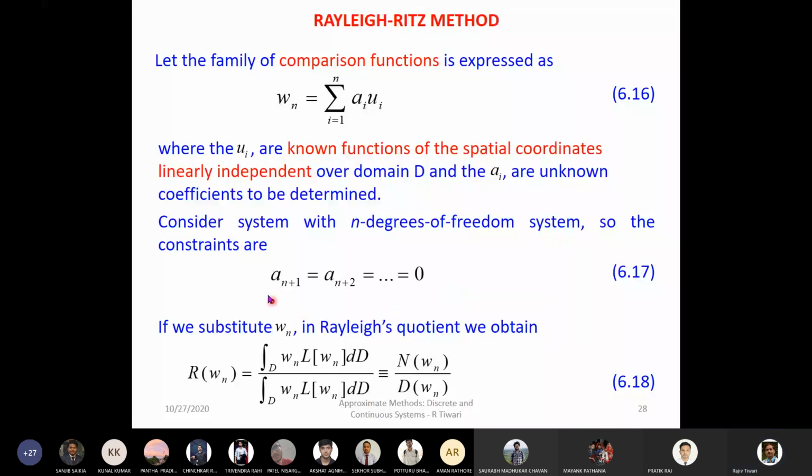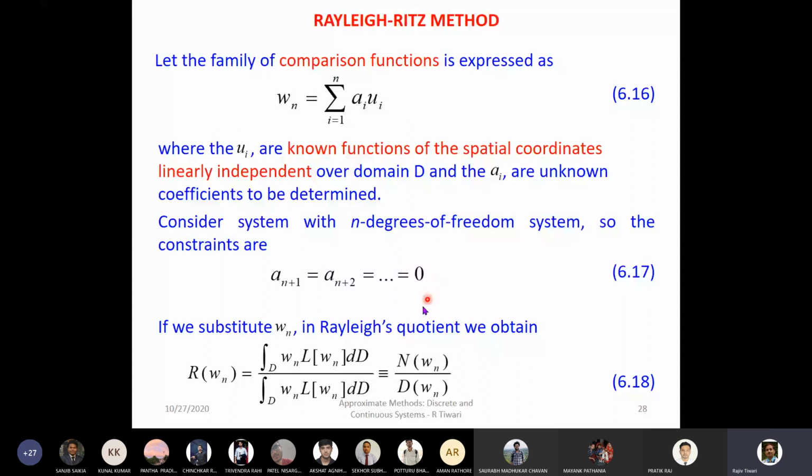We should have taken the infinite series for a continuous system, but we have truncated it up to n. N can be 2 or 3 or 4, depending upon the accuracy required or the number of natural frequencies required.